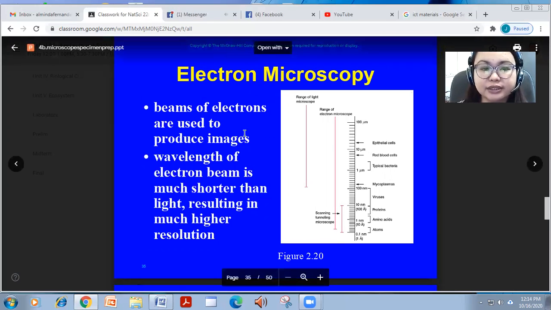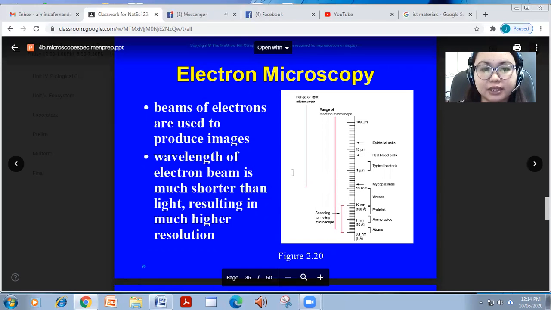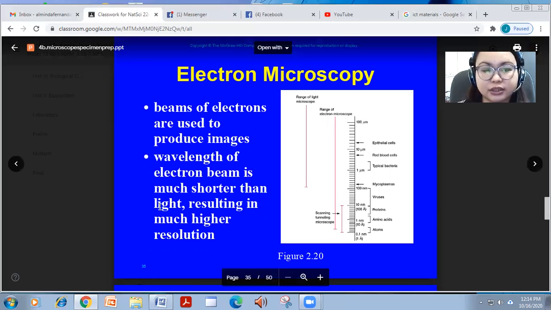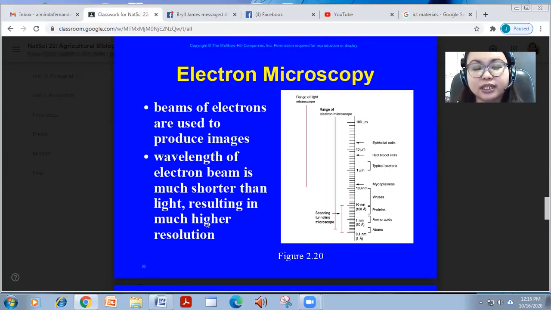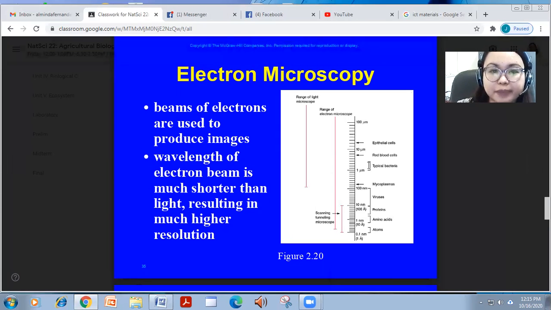Because they use electrons to produce images, the wavelength of the electron beam is much shorter than light, resulting in much higher resolution. So it's the most effective way and higher spec.